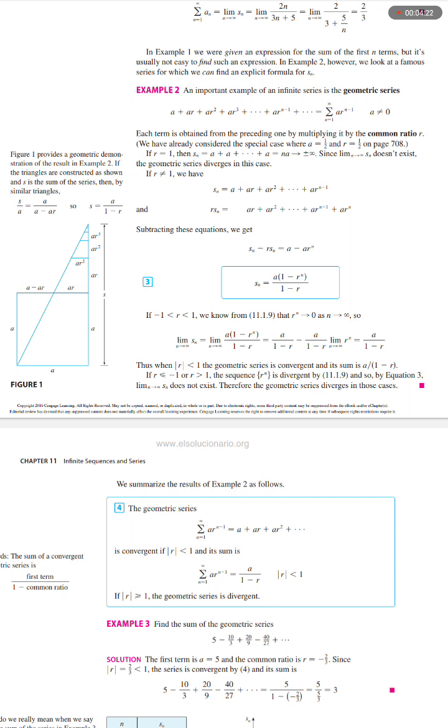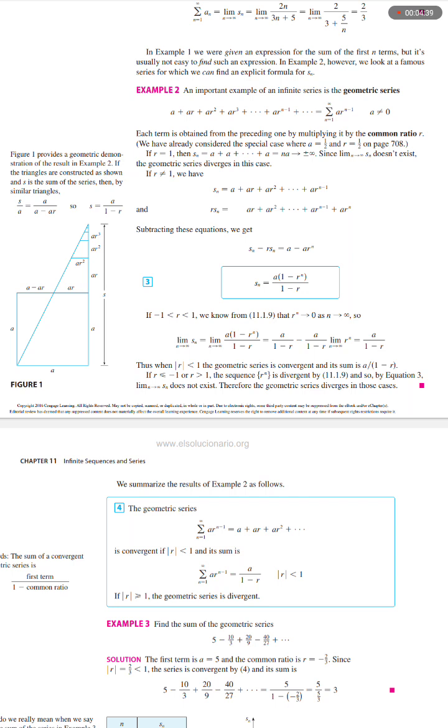S sub n equals A plus AR plus AR squared plus ellipsis all the way through to AR to the power n minus 1.